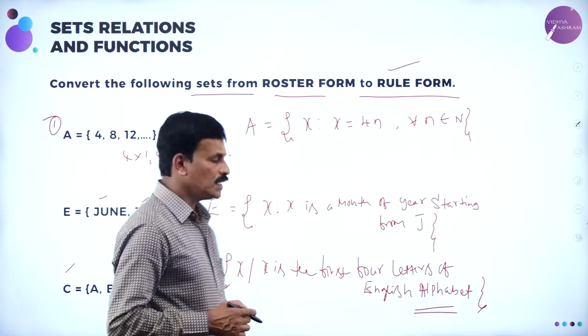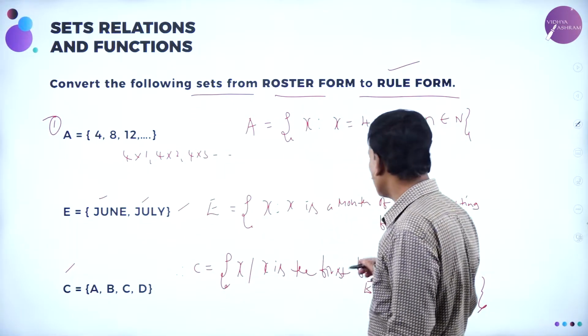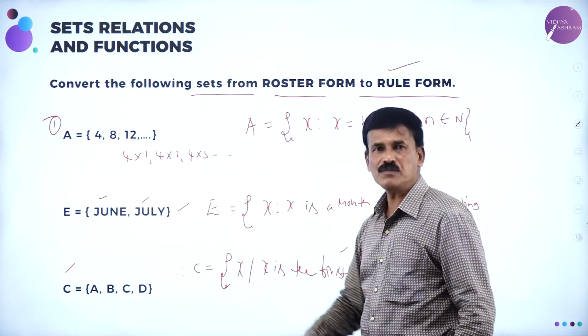Here A, B, C, D is nothing but the first 4 letters of the English alphabet. This is the statement for the given problem.